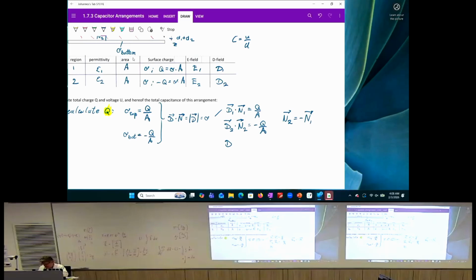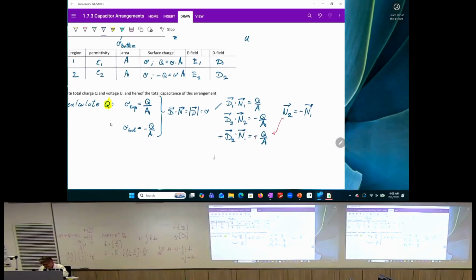Insert n1 for n2 in this last line, so that you get minus D2 times n1 is minus Q over A. And of course you can flip the sign on either side, then you will arrive at D1 equals D2. So the D field here is constant in this setup.